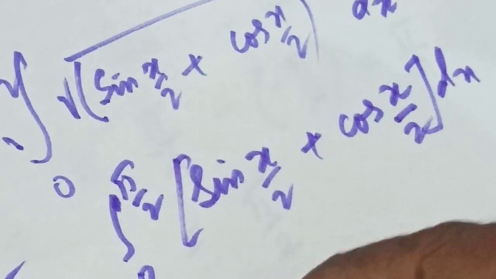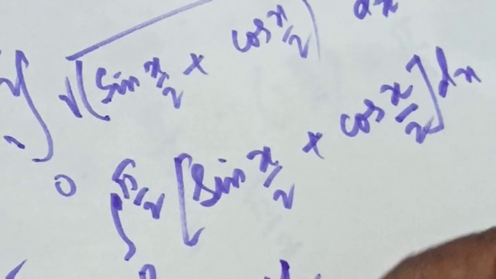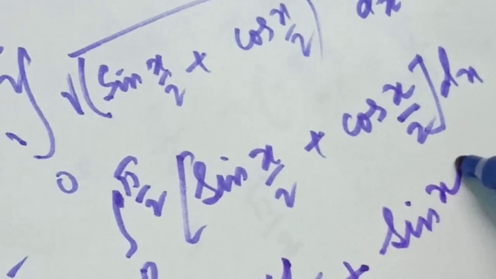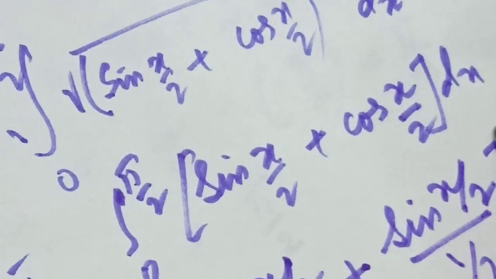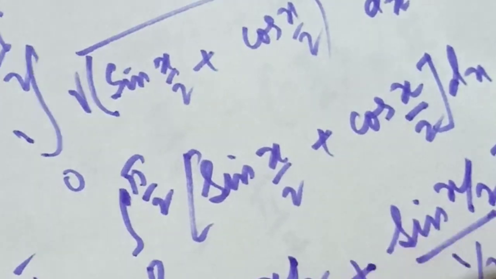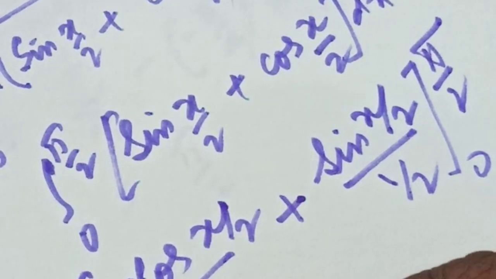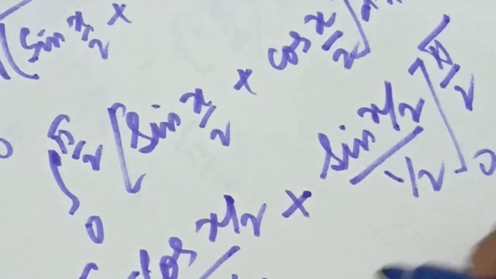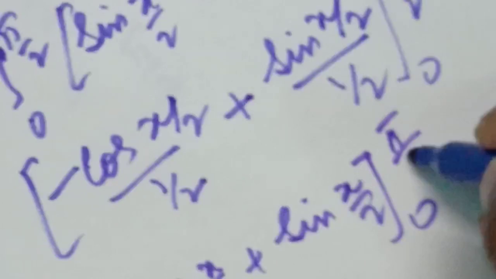This is minus cos x by 2 divided by 1 by 2, plus sin x by 2 divided by 1 by 2, from 0 to pi by 2. So 2 is common: 2 times minus cos x by 2 plus sin x by 2, from 0 to pi by 2.